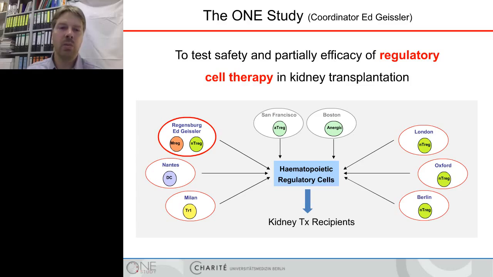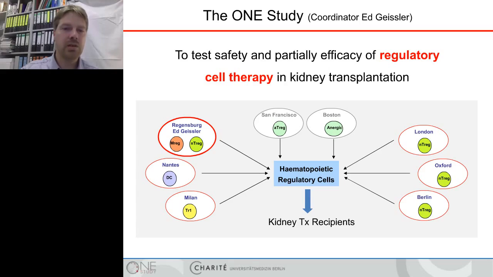Within the ONE study, it is planned to use different cell types with immunosuppressive characteristics to promote protolerogenic responses to renal allograft and assess the biological effect of these regulatory immune cells in comparison to an independent clinical reference group trial. In that trial, standard medication will be used. The study is performed at transplant centers across Europe and the US.